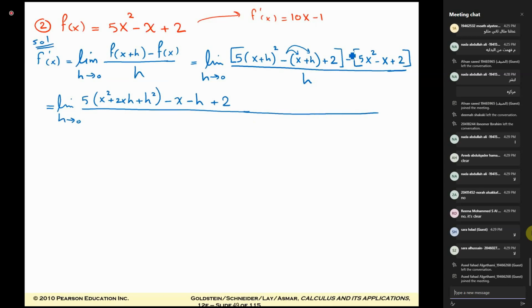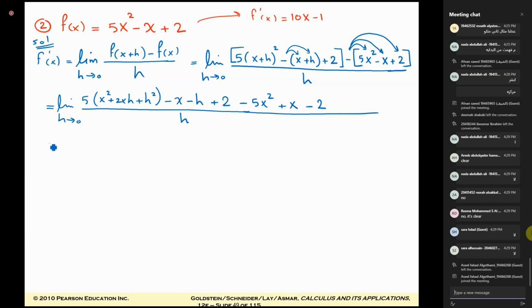Okay. Now negative for x, multiply 5x squared, so we have minus 5x squared. And negative multiply by negative x, we have positive x. And negative multiply by positive 2, we have negative 2. All of these over h.